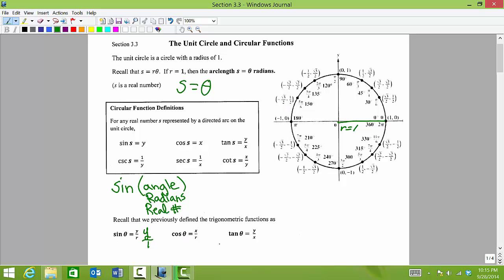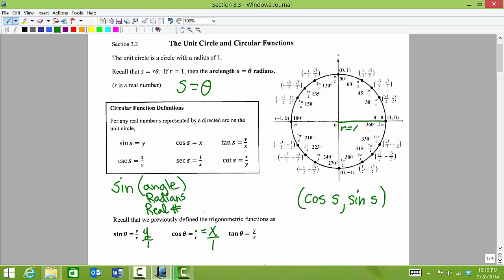Well, cosine theta was previously x over r, but now r is 1. So cosine of our radian measure on our unit circle will just be x. All of the x values of these ordered pairs that lie on the unit circle are actually our cosine values. So our unit circle points are cosine of an angle, comma, sine of our angle when we're measuring in radians.